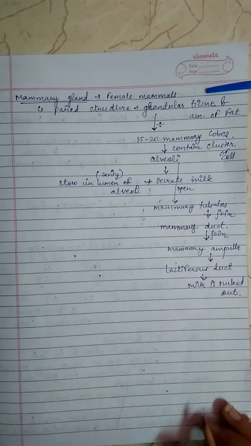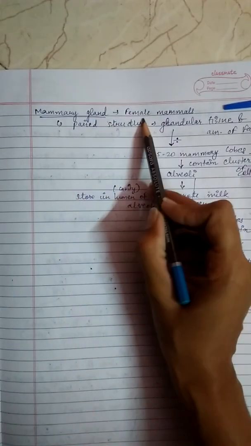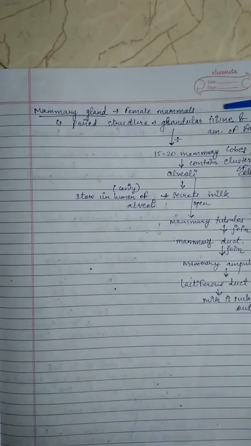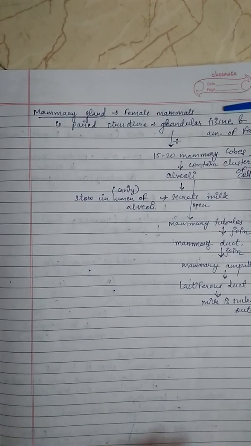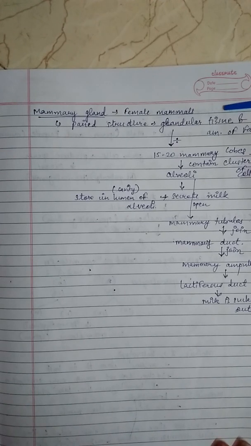And the last topic in the female reproductive system is the mammary glands. It is a characteristic of all female mammals. The mammary glands are paired structures, meaning breasts, that contain glandular tissue and a variable amount of fat.